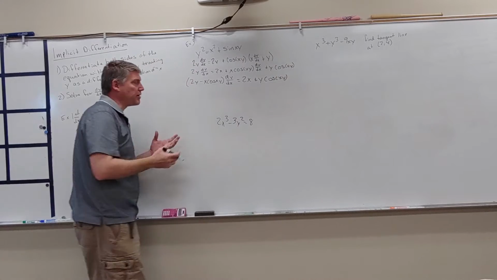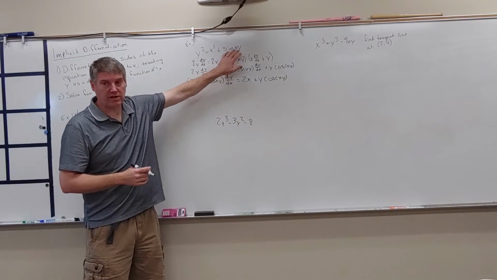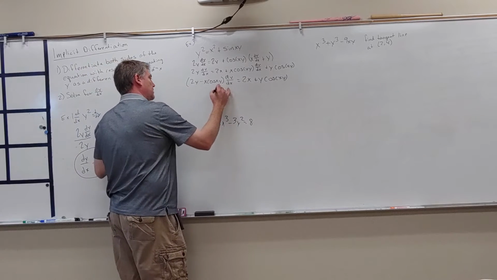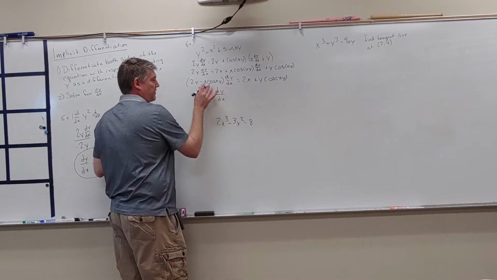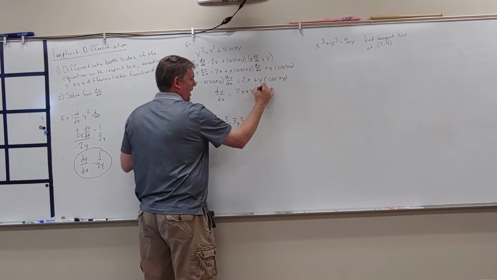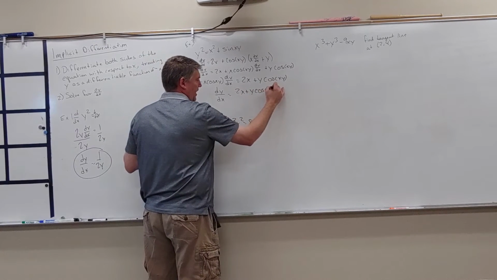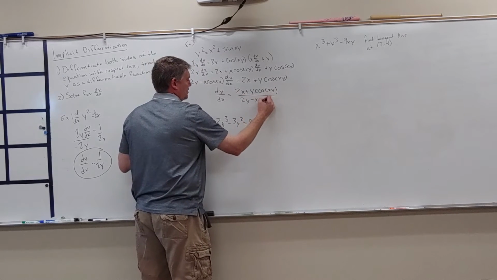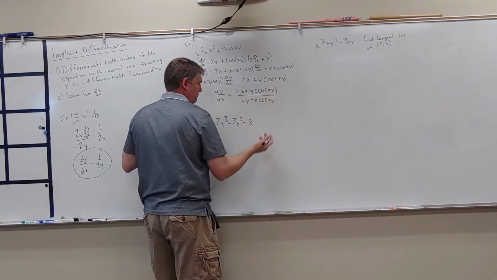This one's a little bit harder because we had the chain rule here with the product. Now I'm going to solve for dy/dx by dividing everything by this. So I have 2x plus y cosine of xy all over 2y minus x cosine of xy.